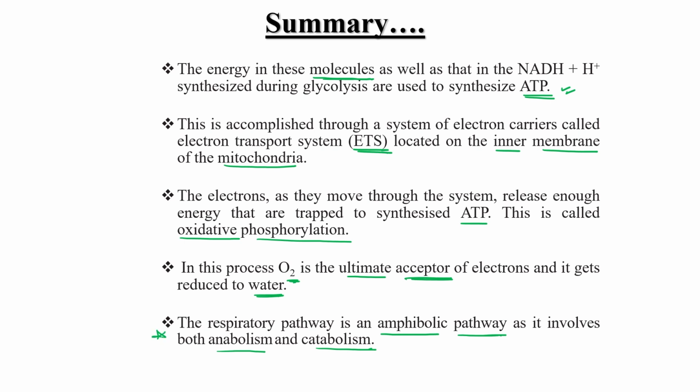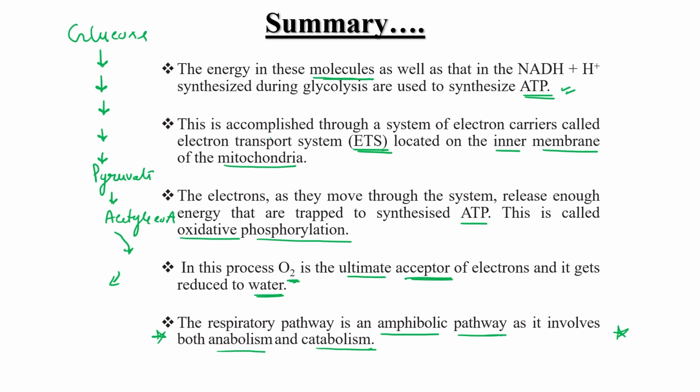And this is a very, very important point. It means if glucose is there, after so many steps it will get converted into pyruvate, and then pyruvate into acetyl coenzyme A, and then this enters into the Krebs cycle, and further all the steps are carried out.